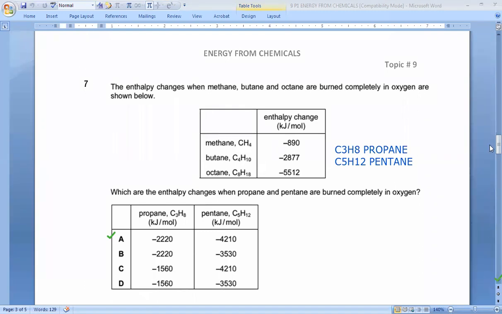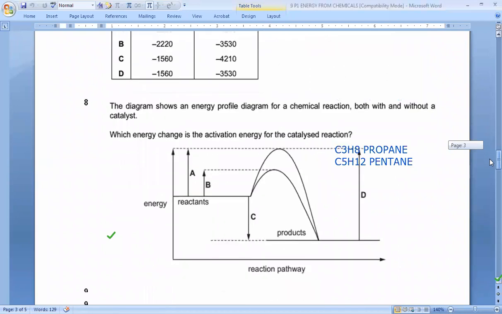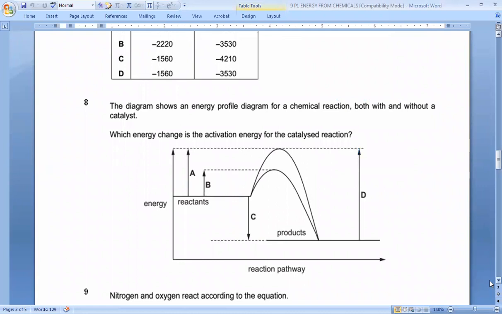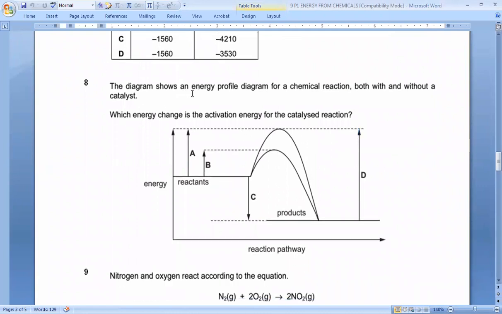Question number 8. This is another energy profile diagram. The diagram shows an energy profile diagram for a chemical reaction both with and without a catalyst. A catalyst is a substance that can decrease the activation energy or speed up the chemical reaction.